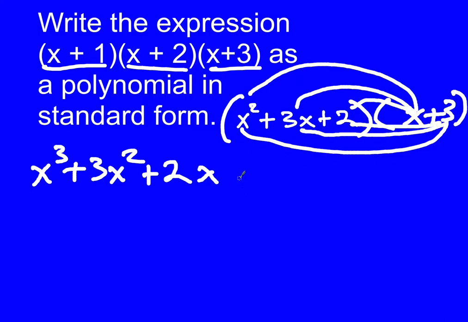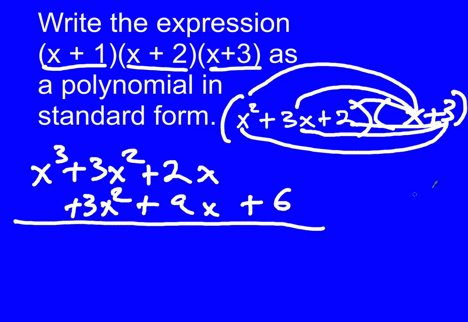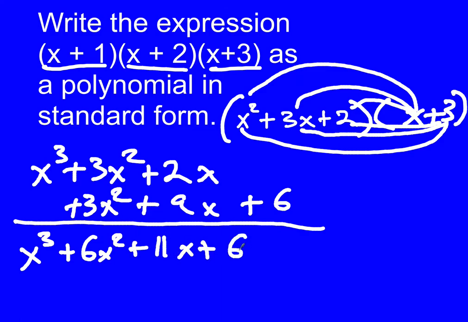I'm going to write it underneath the other ones. 3 times x squared gives you 3x squared. 3 times 3x gives you 9x, and 3 times 2 gives you 6. I like to write it this way when I multiply out like that so that I already have the like terms next to each other. It makes adding easier. So I've got x cubed plus 6x squared plus 11x plus 6.